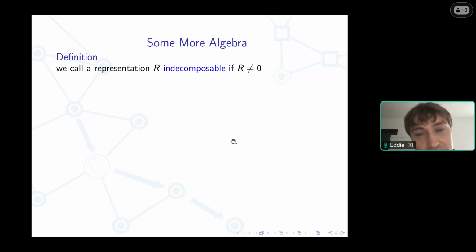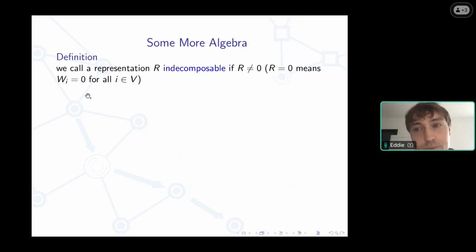Another little concept that we need, you'll be quite familiar with as well. If you know group representations, you must have heard of irreducible representations. This is the correct generalization in the context of quiver representations. We call a representation indecomposable if it's not identically zero. I don't want literally every vector space to be zero.